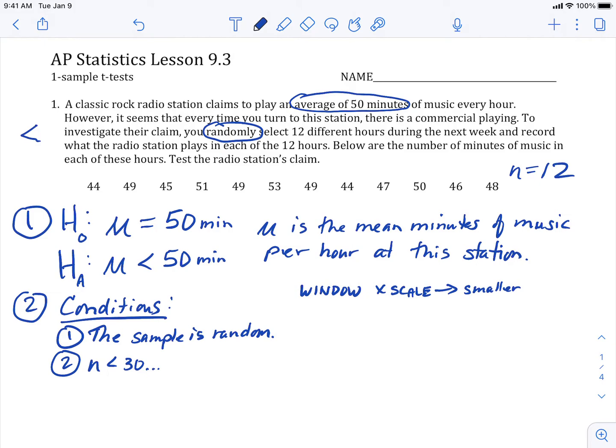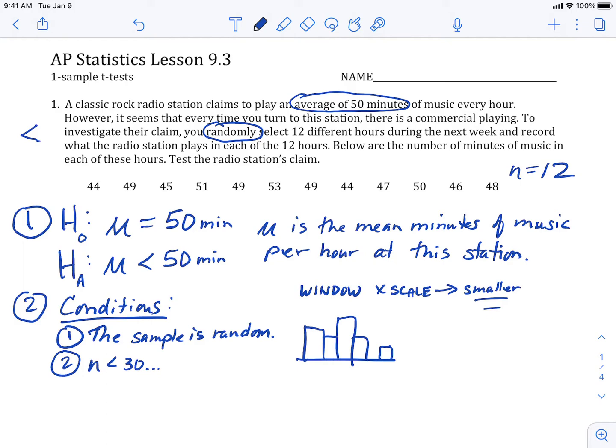And when I did that, then it looked like there was no problems. So I'm just going to graph the original window. When I did a zoom stat, the original window produced a histogram that looks something like this, and there was a little gap. But when I checked it with a smaller X scale, it looked like that was not an outlier at all.